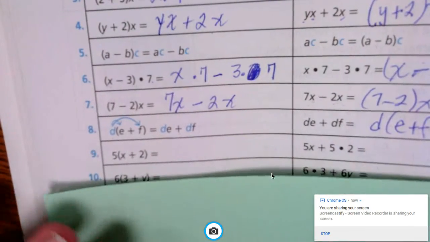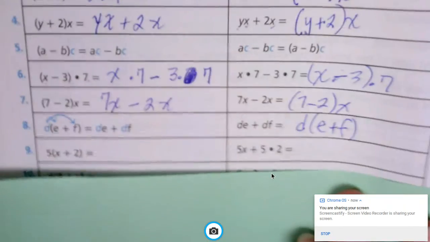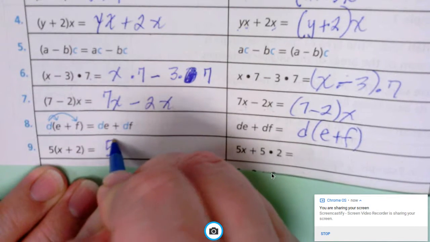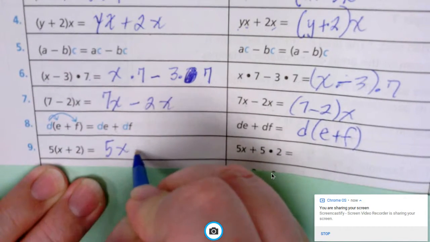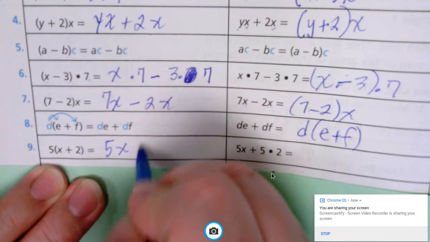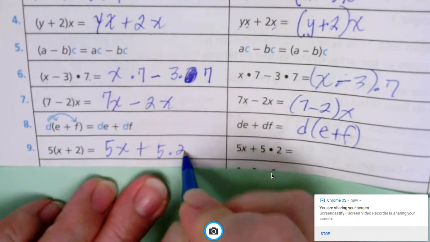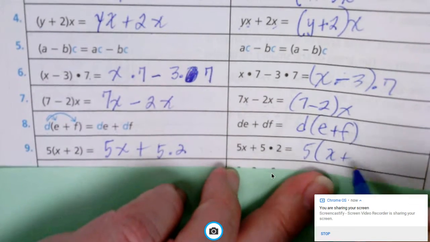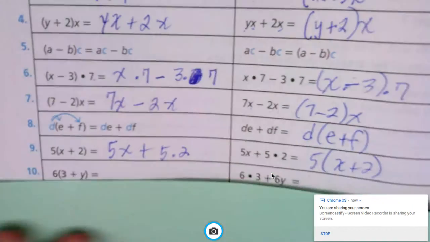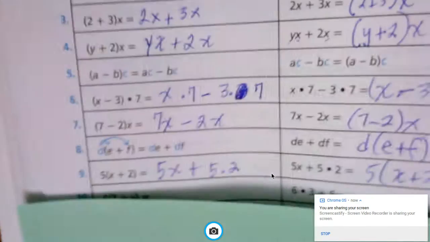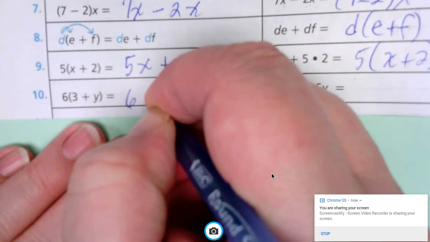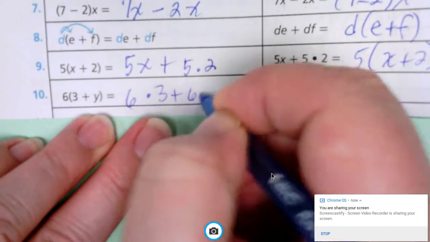All right, so let's work our way down. I'll just fill in the answers. 9. This would be 5x plus 5 times 2. And then we have 5 times x plus 2. Number 10, 6 times 3 plus 6y.